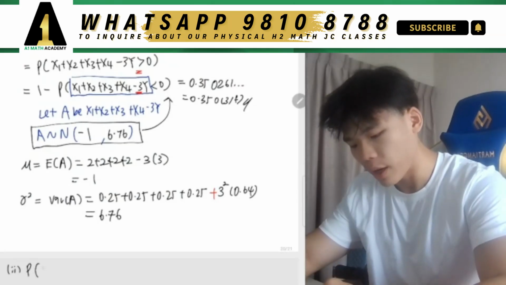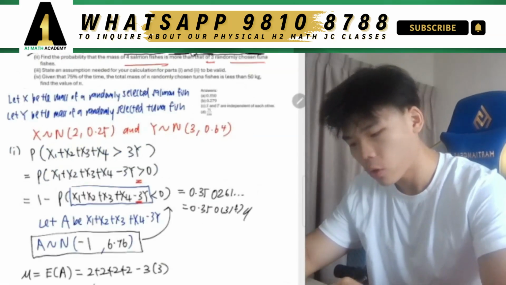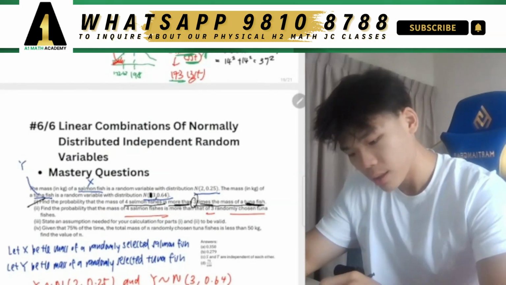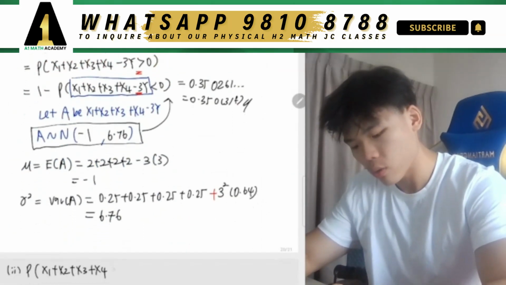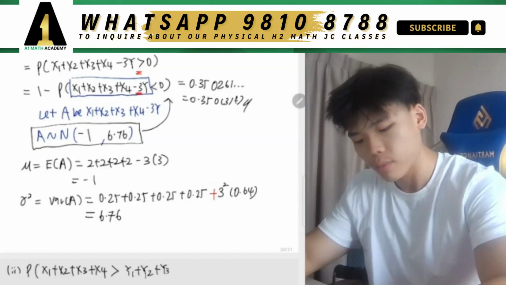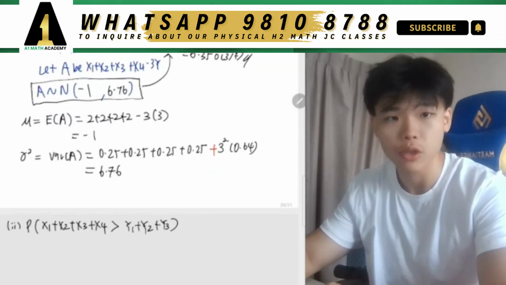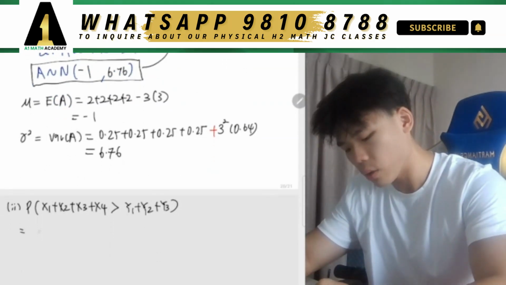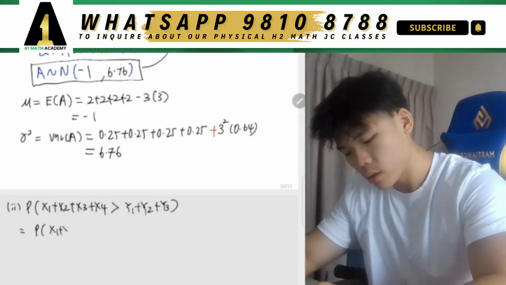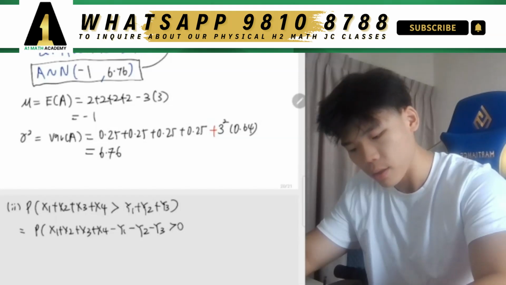So now we want to find x1, x2, x3, x4, right? 4 salmon fishes is more than 3 randomly selected tuna fishes. This is what we are trying to find. Again, we are going to bring everything to the left hand side of the inequality first: minus y1 minus y2 minus y3 is bigger than 0.